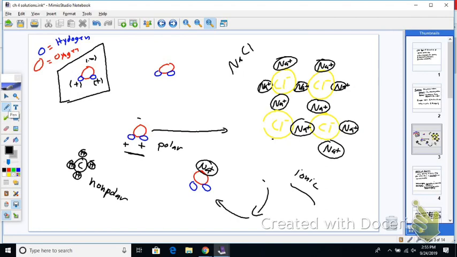So then what's attracted to the chlorine? So is there any part of this water molecule that's attracted to the chlorine? It'd be the hydrogen, right? So then it comes over and it hooks on to the hydrogens hook on to it.